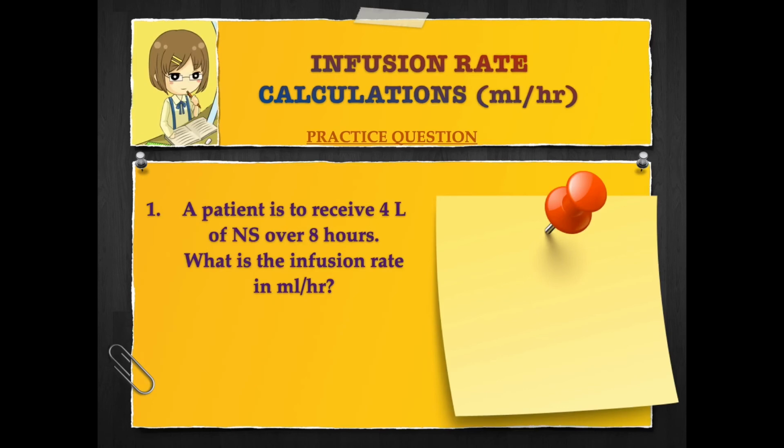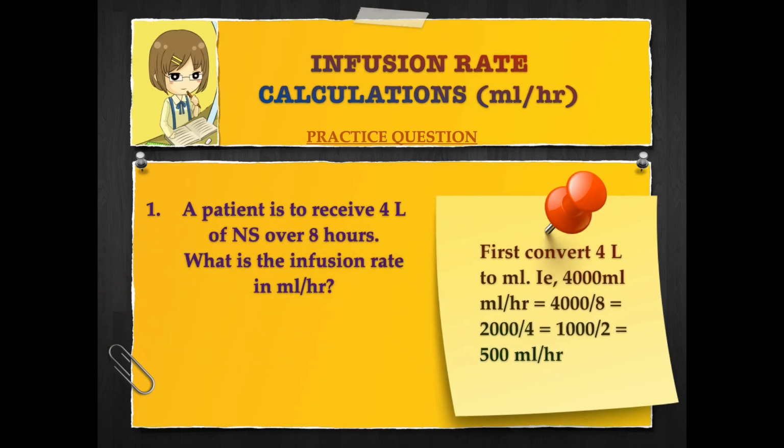So ml per hour means volume in milliliter divided by time in hour. First of all, we have to convert 4 liters to milliliter, that is 4000 milliliter, and time is already given in hours. So 4000 divided by 8 equals 2000 divided by 4 equals 1000 divided by 2 equals 500 ml per hour.